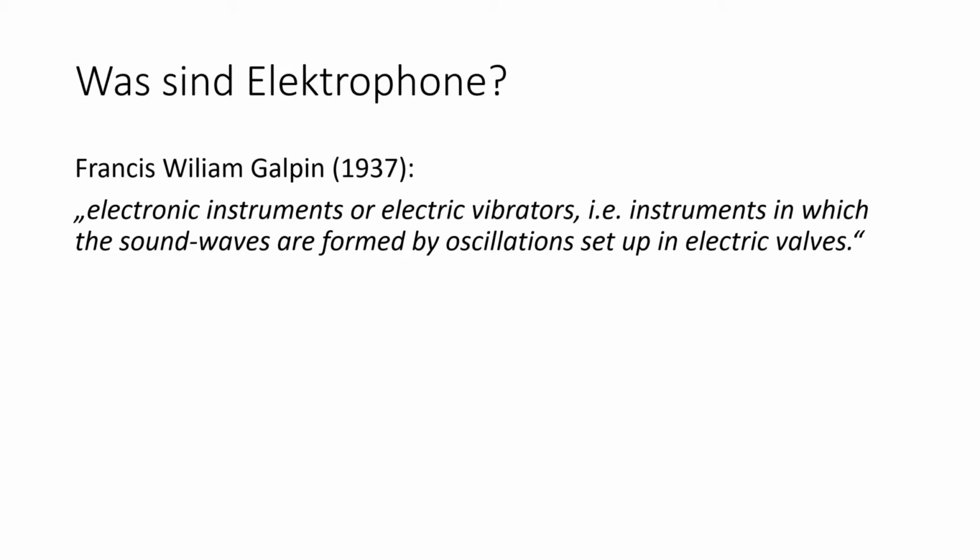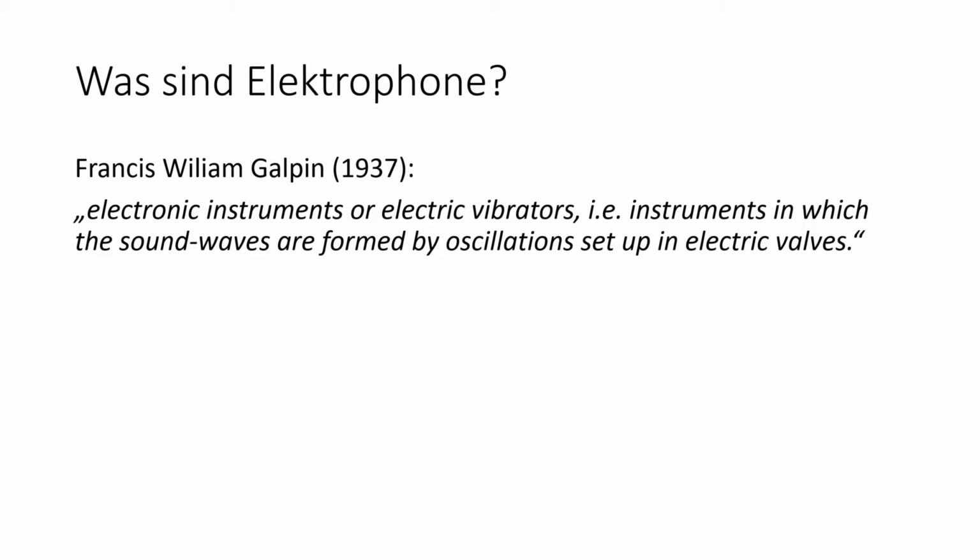What are electrophones? So let's finally answer that question, or maybe we won't answer that question. You will just have to wait and find out. In 1937, Francis William Galpin wrote a book called A Textbook of European Musical Instruments, and he added the category of electronic instruments, or electrophones. He defined them as electric vibrators, meaning instruments in which the sound waves are formed by oscillations set up in electric valves.